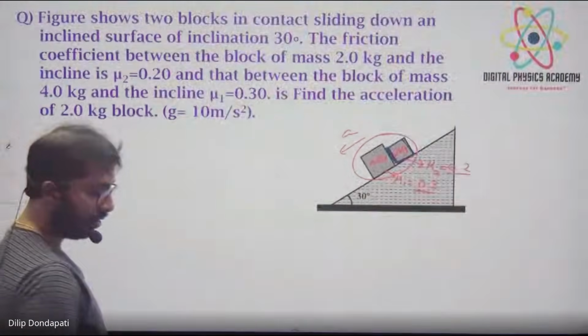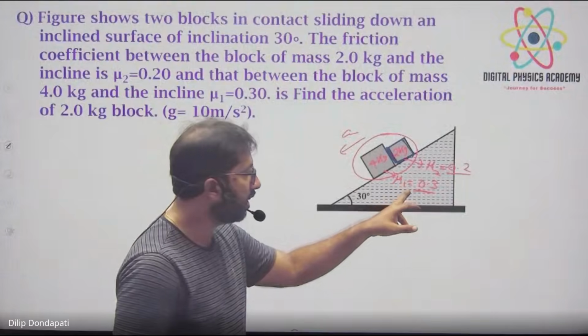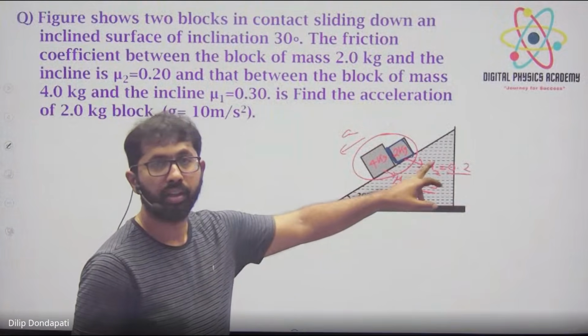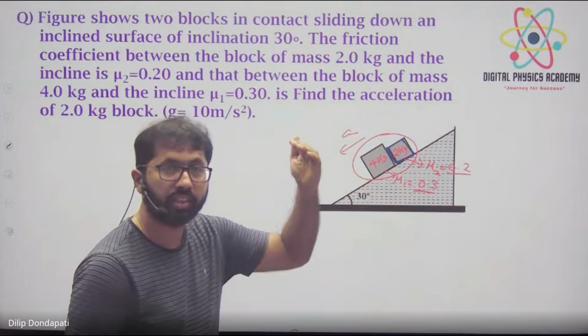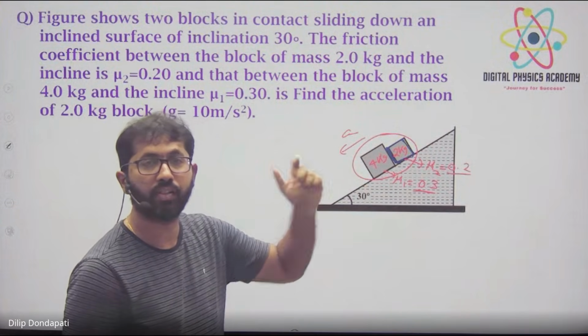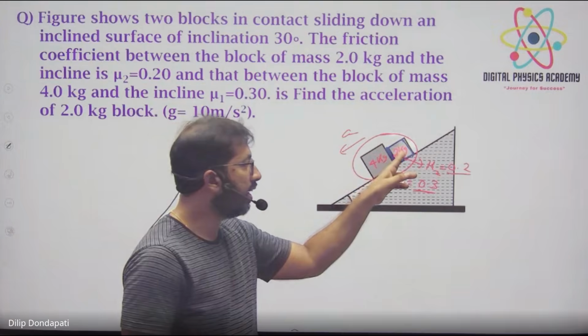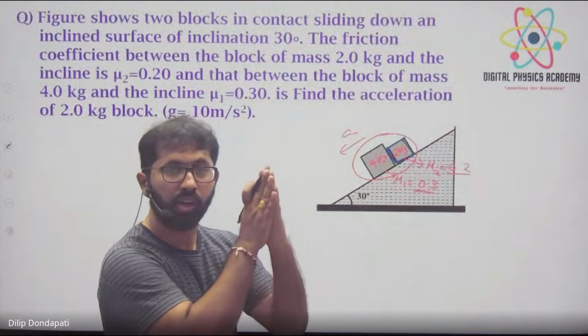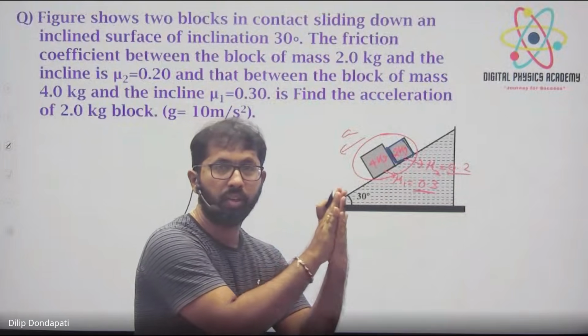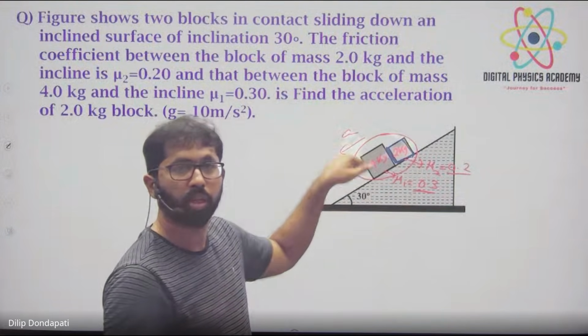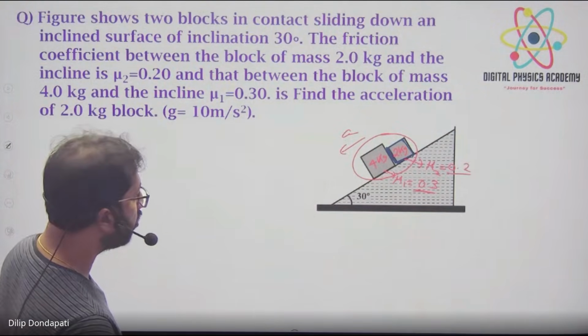See, fk किसका friction ज्यादा है, tell me? 4 kg. मतलब which body will slide slower and which faster? 4 kg will go slower. Both are in contact initially, so they will move together, with same acceleration. Now try to find acceleration for this one. Net force by net mass you can use.